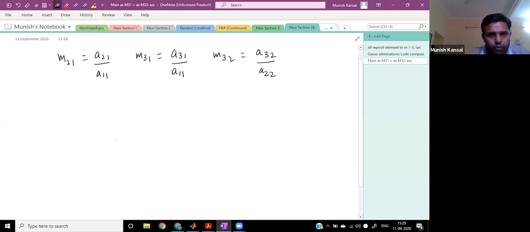Now, please look at the 3x3 system, because this is always an ideal way to generate a program for a linear system: you work for 3x3 and try to generalize it for n cross n. So I'm giving you the explanation for 3x3, but we will make a program for the general n cross n case, right? Now, I write down here column 1, column 2, column 3, right?